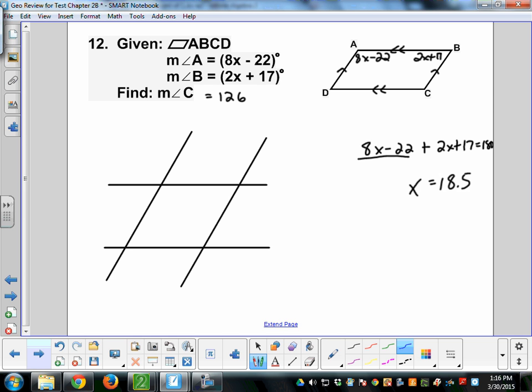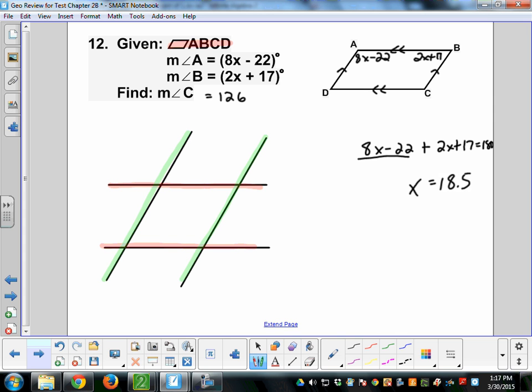Number 12, I told you to think of a parallelogram. That's what this symbol at the top in the given means. It's a parallelogram, and opposite sides are parallel. So we can look at a situation where we have two sets of parallel lines.